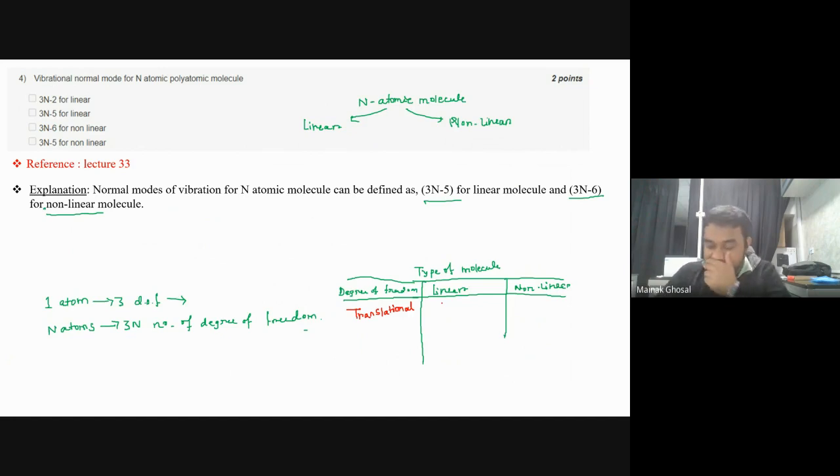So it has three translational degrees of freedom. Same for the nonlinear case. This nonlinear molecule also can move along three different axes. So similarly, for a nonlinear molecule there should be three translational degrees of freedom.